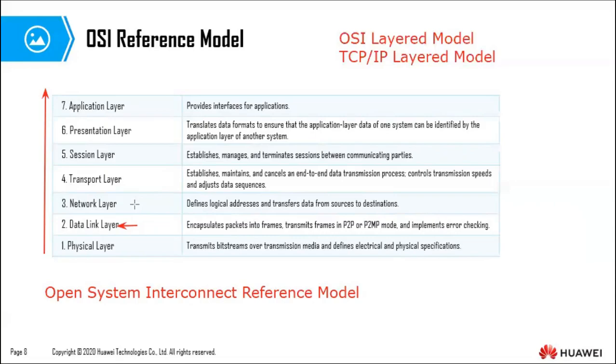When we say that a router is a layer 3 device, it simply means it belongs to the network layer. So layer 1 is called the physical layer, then the data link layer, then the network layer, layer 4 transport, layer 5 session, layer 6 presentation, and lastly layer 7, which is the application layer. So that's how they are numbered.